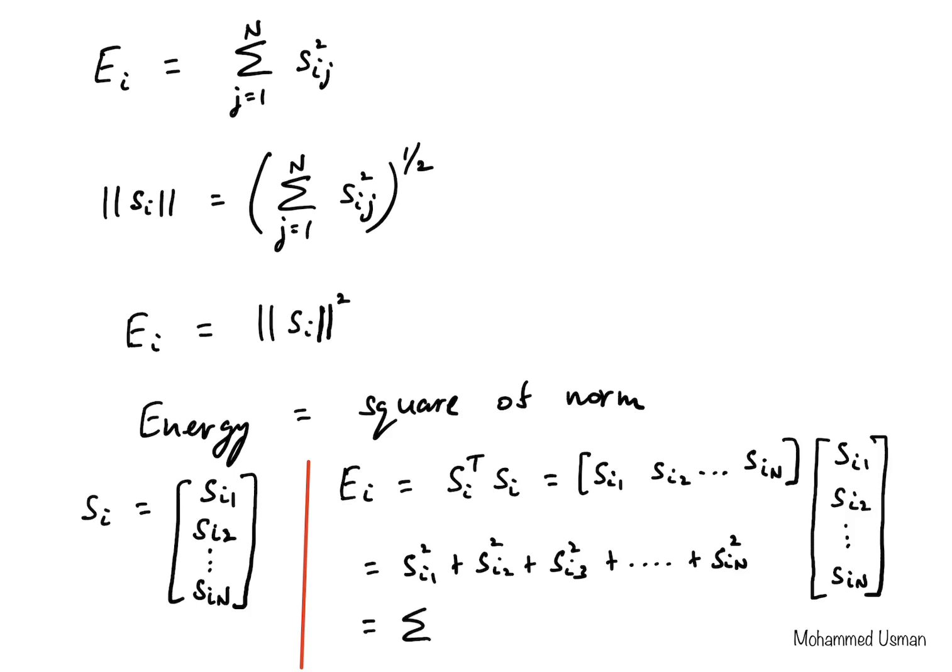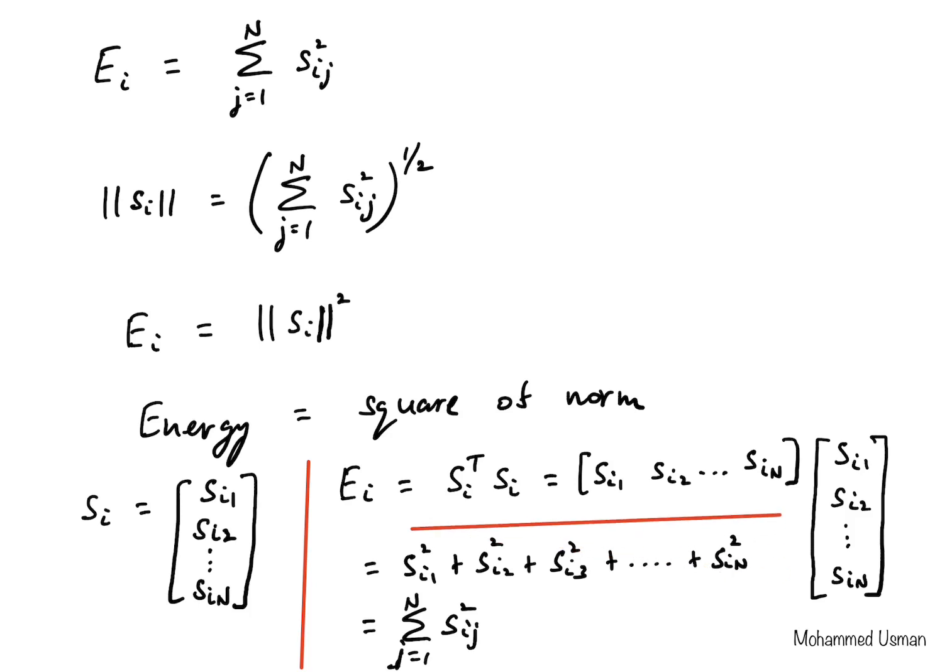That is basically summation Sij square for j equals 1 to n. Okay, so that's our equation for energy.